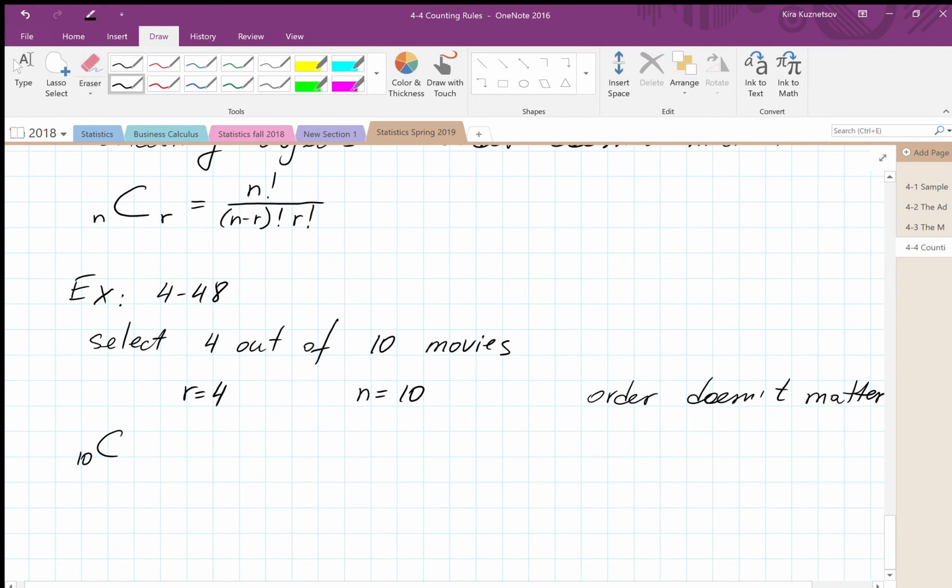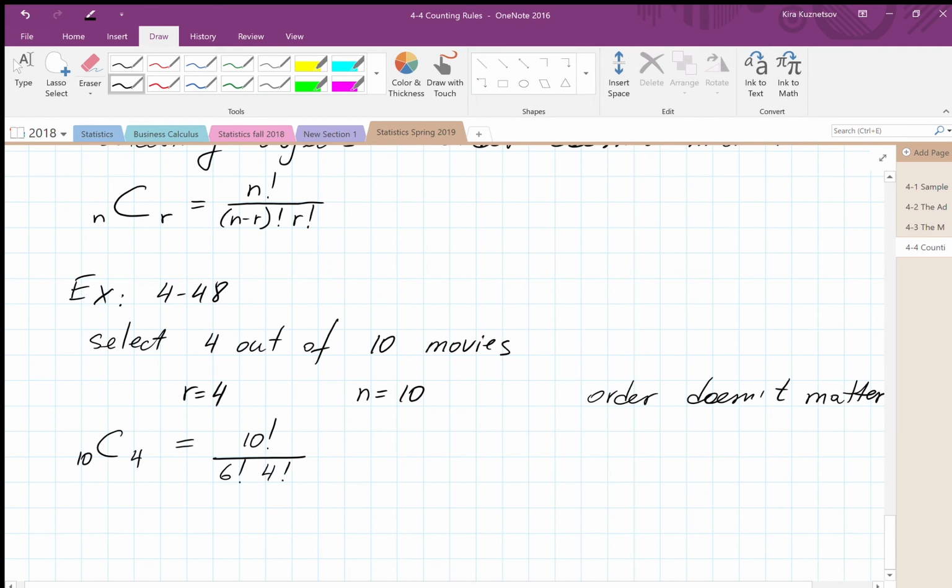Combination has a formula NCR, meaning the big number 10 goes first, the 4 goes on the other side. 10 is the number to choose from, 4 is how many you need to choose. 10 factorial goes on the top, 10 minus 4 is 6 factorial, and 4 factorial.